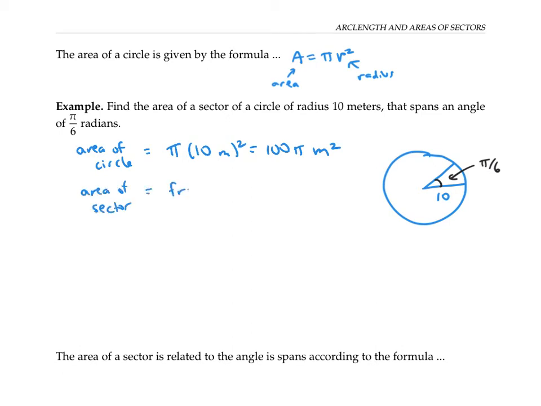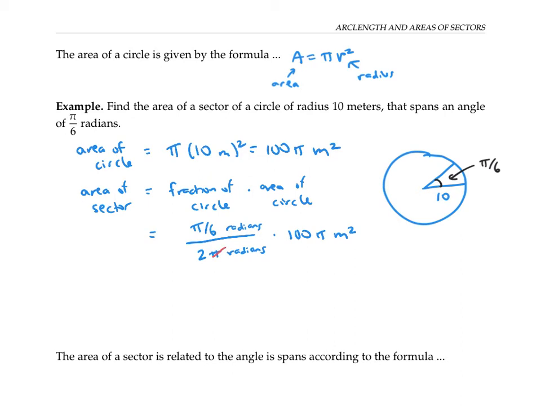So we want to take the fraction of the circle that the sector makes times the area of the circle. Well, the fraction of the circle is given by the angle of pi over 6 over the total angle in the whole circle of 2 pi, and we'll multiply that by the 100 pi meters squared.